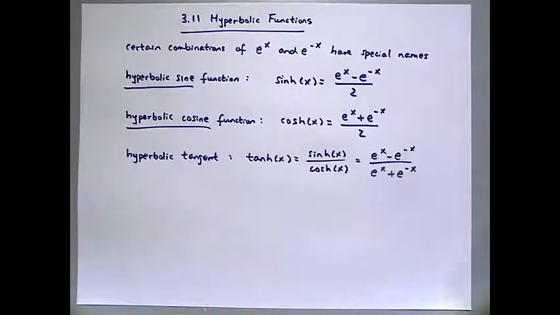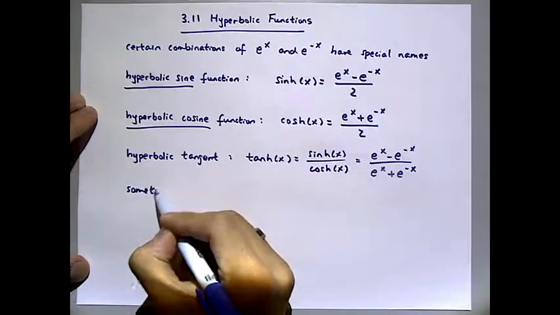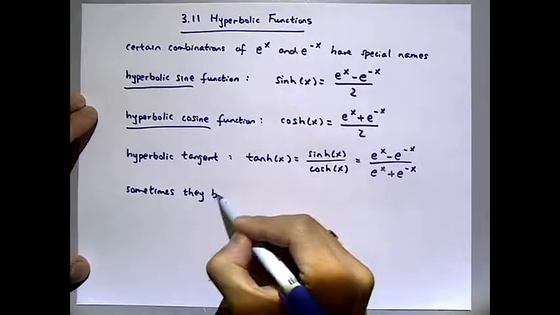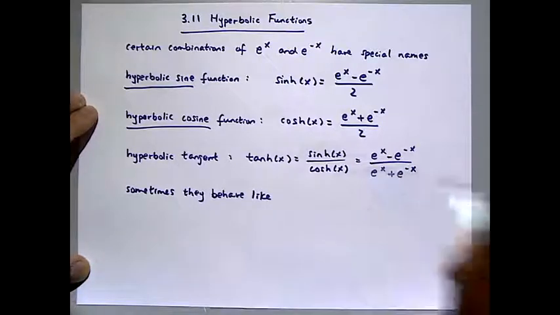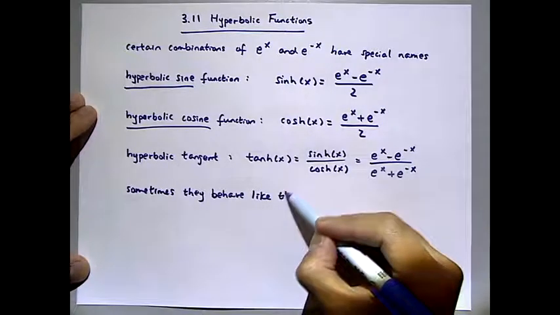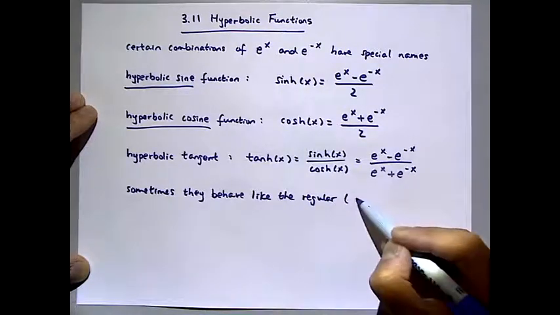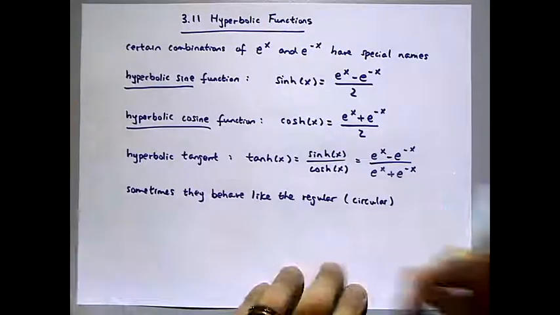And the reason these things have special names like sine and cosine is because they behave like sine and cosine sometimes. Sometimes they behave like the regular ones. By the way, the regular ones you're used to are called circular sine and cosine.